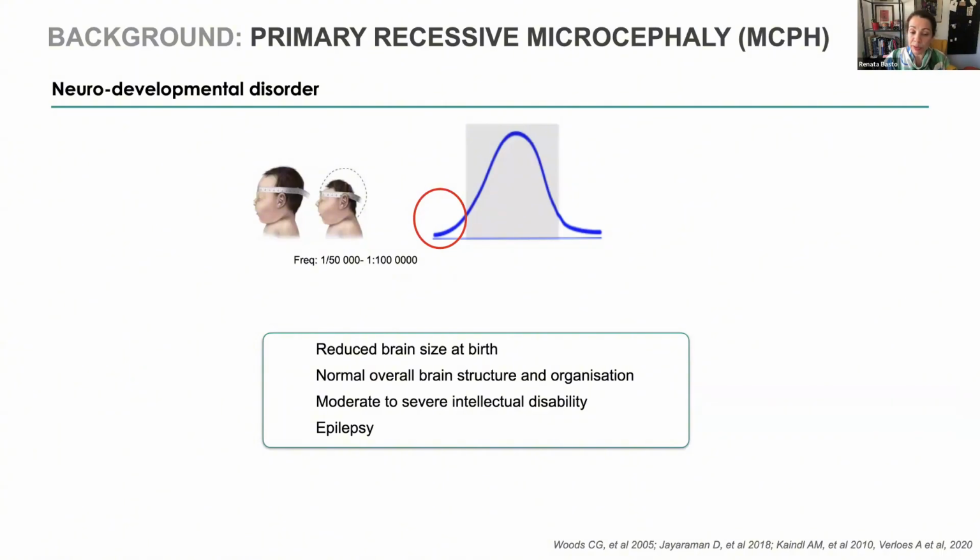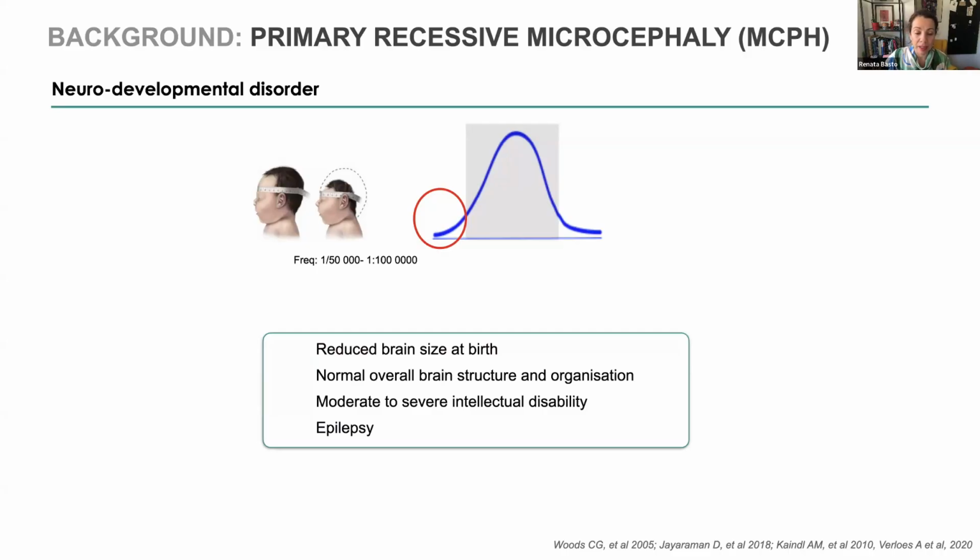It's characterized by reduced brain size at birth, with normal overall brain structure and organization. And what is interesting is that the overall body size and the size of other organs remains unaffected in these patients. The price of having a smaller brain, of course, comes with moderate to severe intellectual disability and epilepsy.